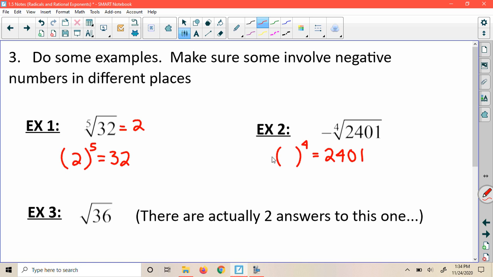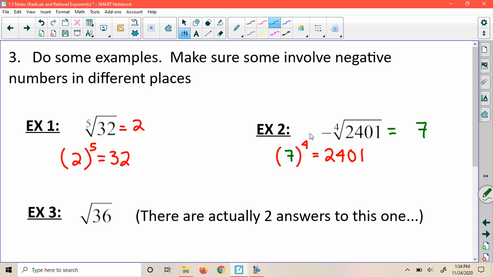So you do a little investigating, try different numbers to the 4th power. You can actually pause the video and try it out if you want. I think, if I remember right, it ends up being 7. So 7 to the 4th power equals 2,401. So our answer is 7.